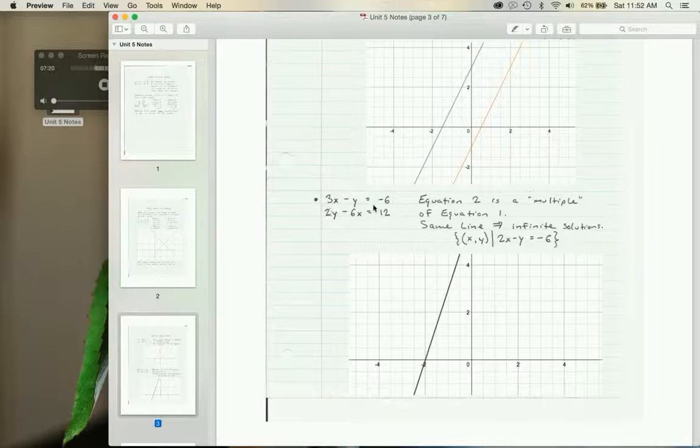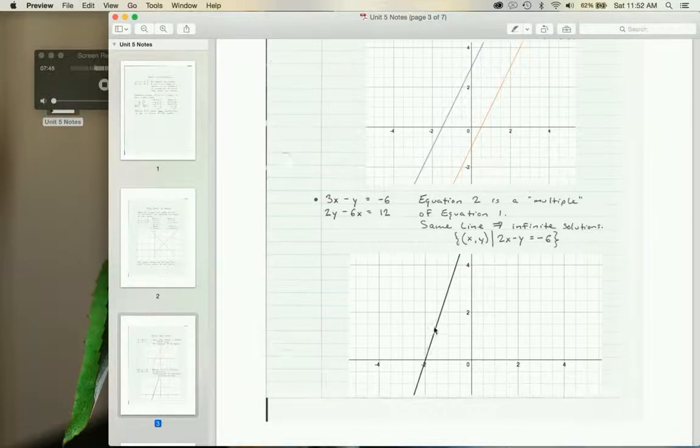If you were to graph equation 1 and you went through your routine and graphed it, and then you graphed equation 2, you would notice that equation 1 and equation 2 fall exactly on the same line. So I have one giant bold line here because there's one line right on top of the other. And what's happening here is that our lines are intersecting at every single point.